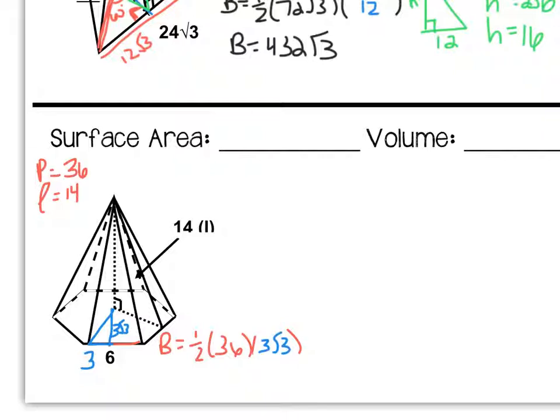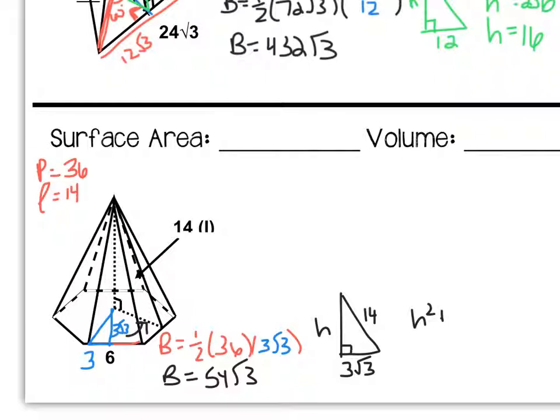So area of my base is going to be 54 root 3. And now that I have the bottom part of my right triangle, I can find my height. So I have 14. I have 3 root 3. And I need my regular height.